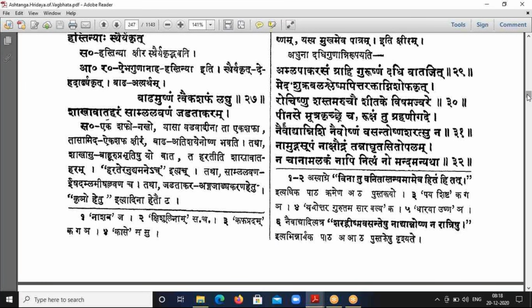So ruksham tu grahanigate. In spite of all these properties listed out, dadhi is a stuff which is not advised or suggested for regular use.